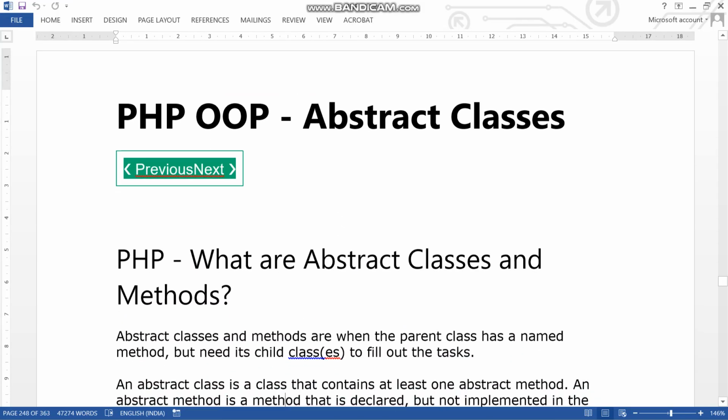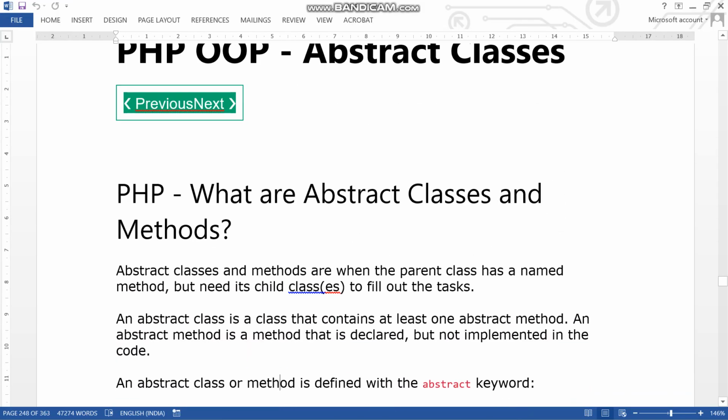Abstract class and methods. Abstract classes and methods are used when the parent class has a named method, but needs its child class to fulfill the task.